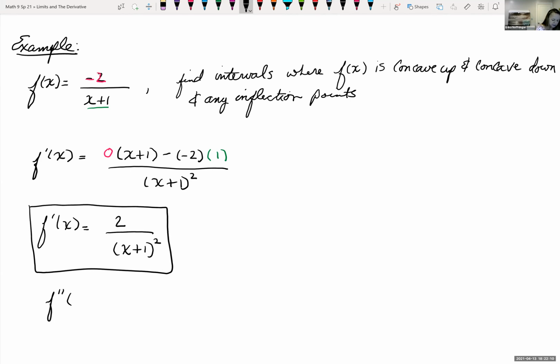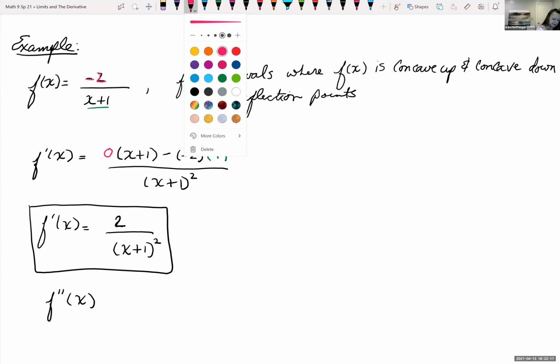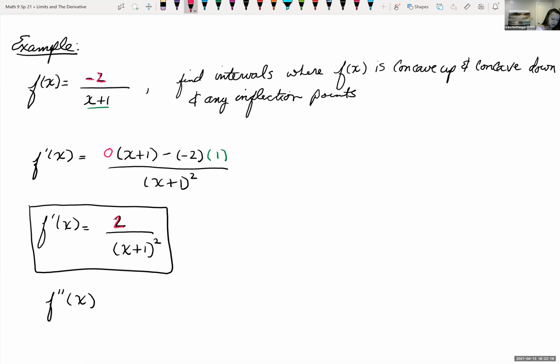So looking at the second derivative, using the quotient rule, looking at the derivative of my numerator, which in this case is a constant, 2, that is 0, all times my denominator, x plus 1 quantity squared, minus my numerator, which is 2. Now when I look at the derivative of the denominator, I need to apply the chain rule. Our outer function is this quantity squared.